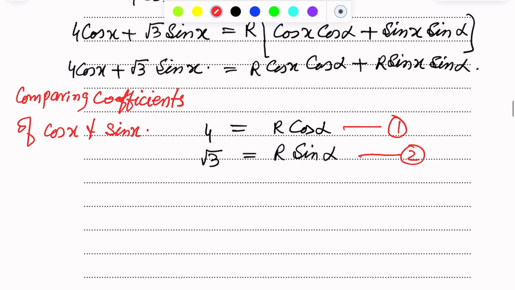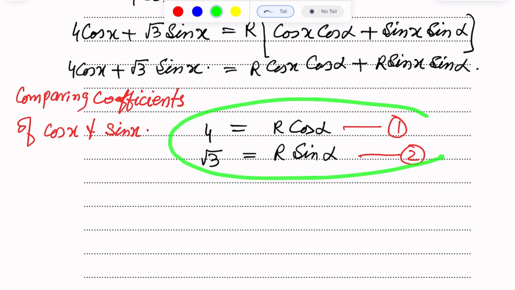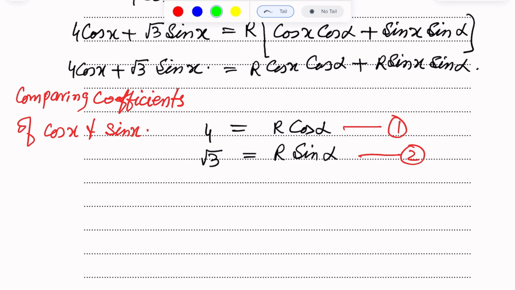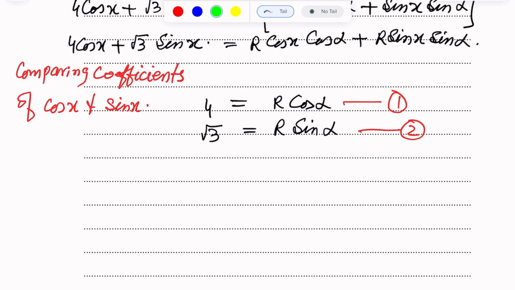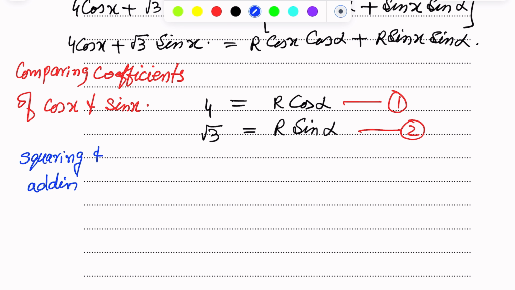Now actually we have to find the value of alpha and r. Now we will solve these two equations simultaneously. To solve this, we are squaring and adding. This is the second step. Squaring and adding these two equations, equation 1 and 2.